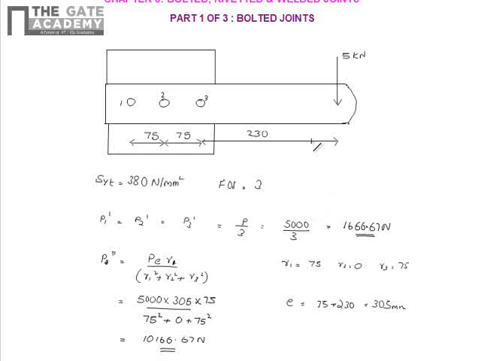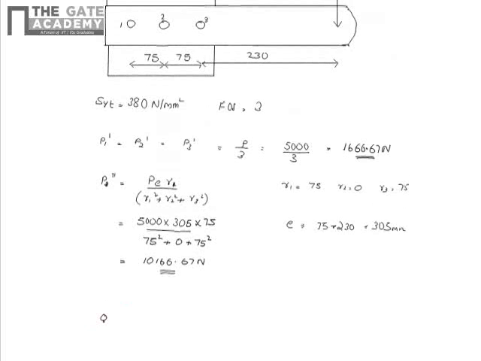Suppose we take bolts 1, 2 and 3. Now we have the force acting this way and the moment acting this way. Force is 5000. The moment is 5000 into 305, that's equal to 1.525 Newton meter.